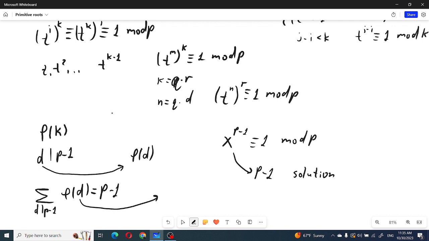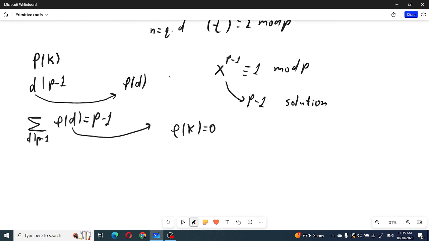And if we know that for some d, f of d equals 0, then it will be impossible to get p minus 1. This number then will be less than p minus 1. So we have concluded that for every number d which divides p minus 1, we will have exactly phi of d numbers which have order d.